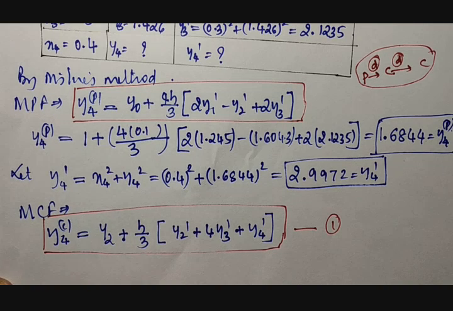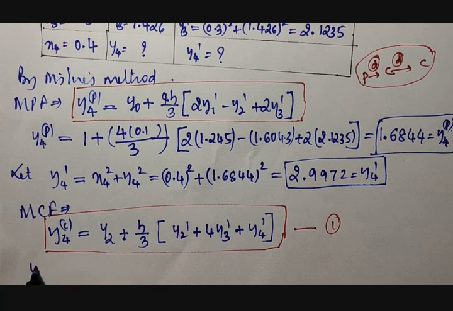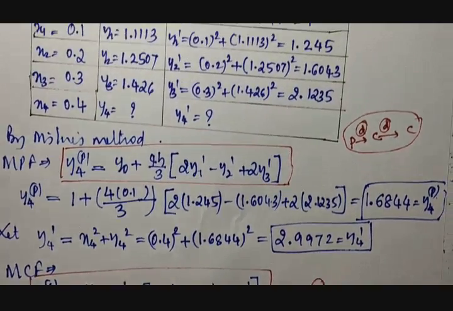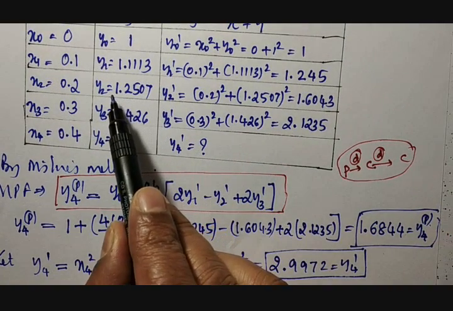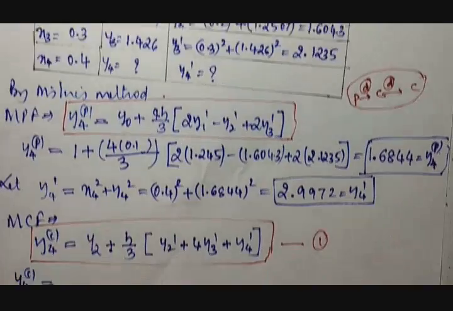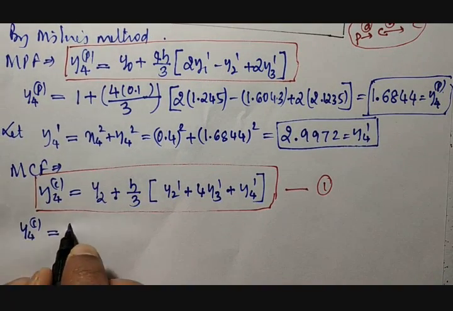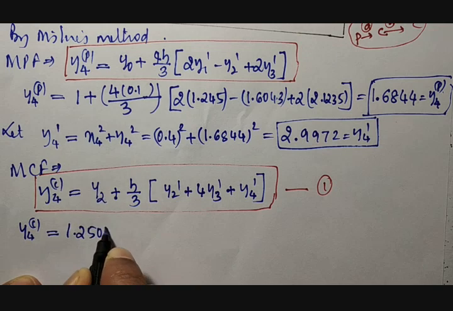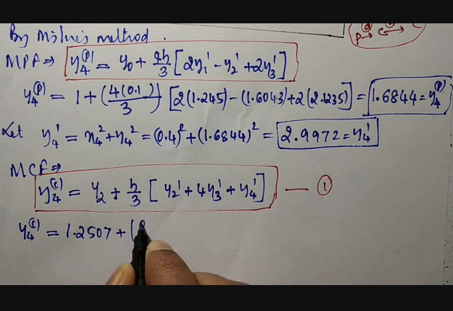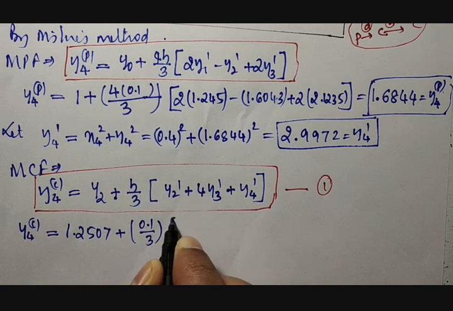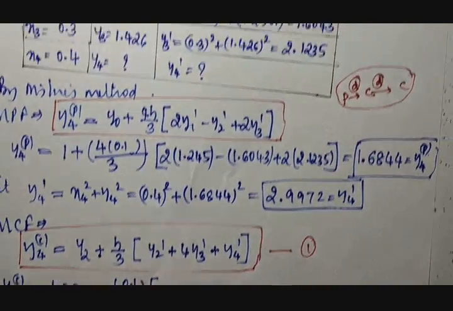Now substitute the values from the table. So correction to y4 is equal to y2. y2 will be taken from the table, 1.2507, plus h is 0.1 divided by 3, that into y2 dash.